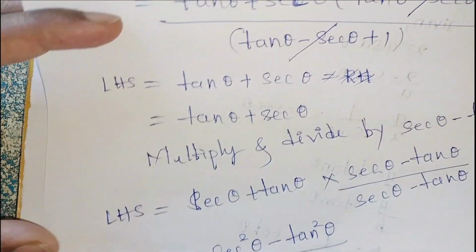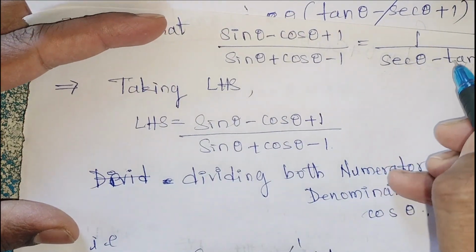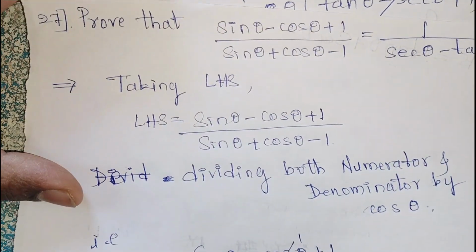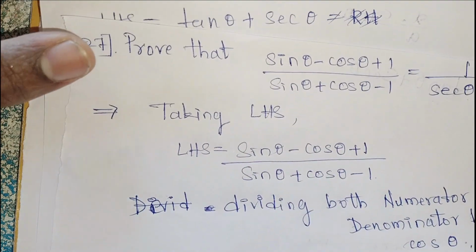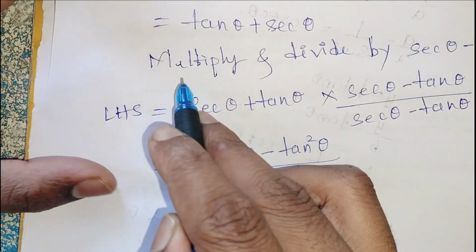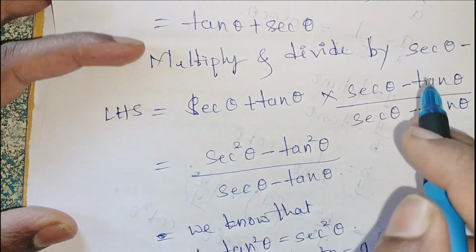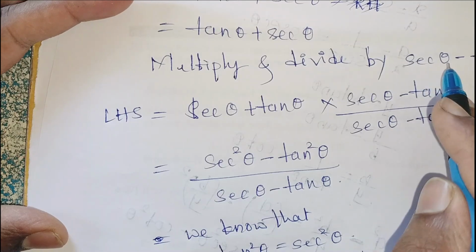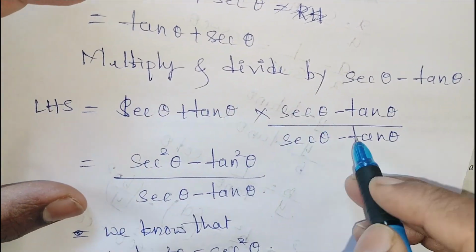Here we need secant theta minus tan theta in the RHS as an answer, so we have to multiply and divide this by secant theta minus tan theta.